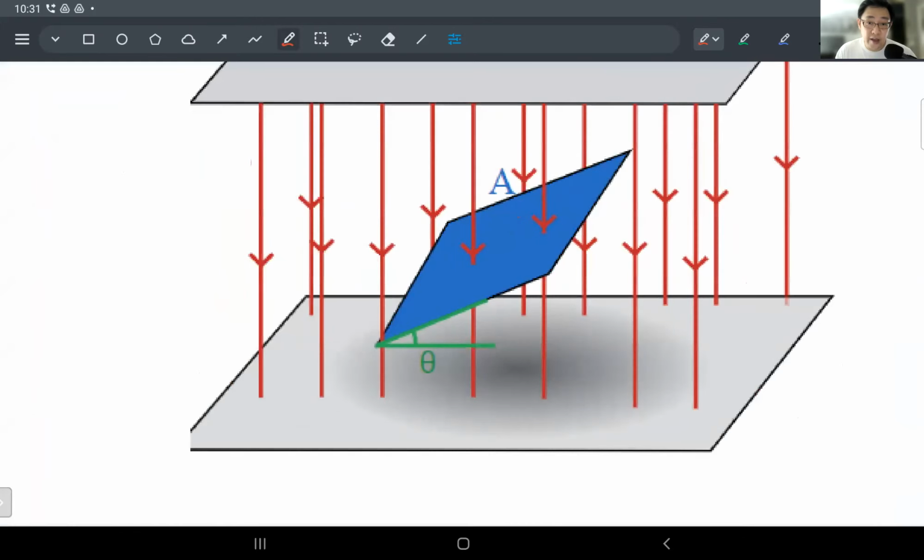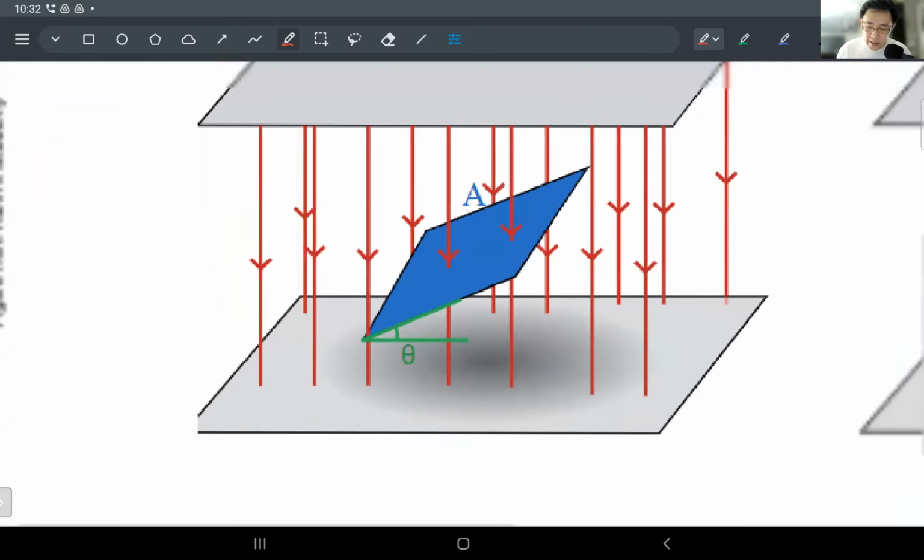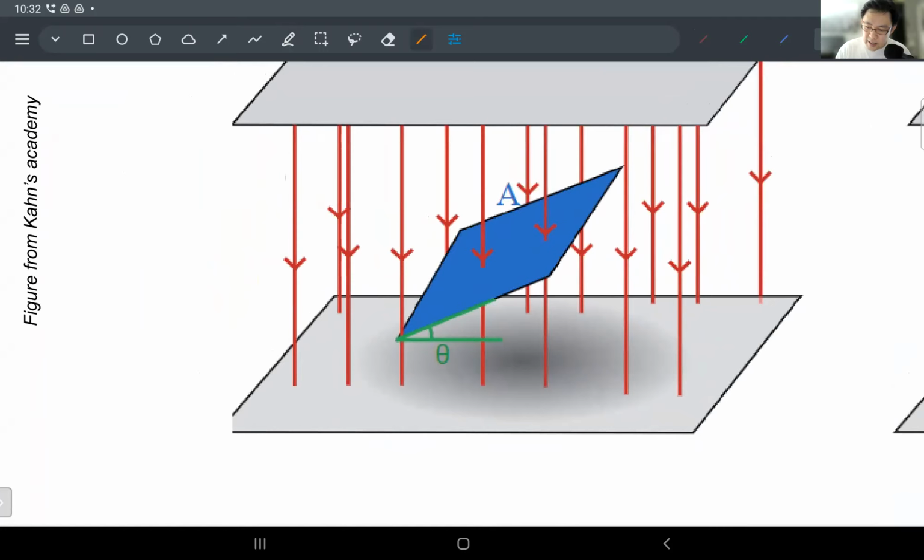You have an electric field that looks very uniform and nice, pointing downward, but then the area that you are interested in is not lying perpendicular to those electric field lines. Let's say it makes some angle over here. So just to make it a little clearer, let me draw the side view of this one. The side view will go something like this.